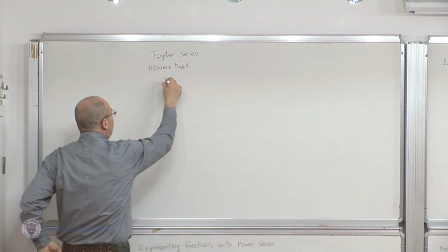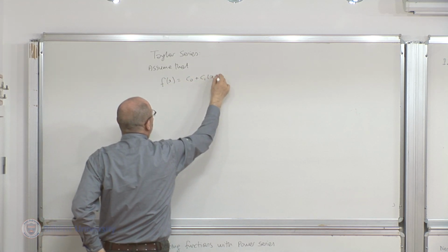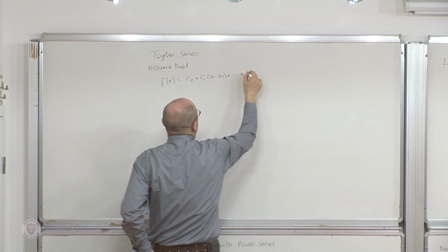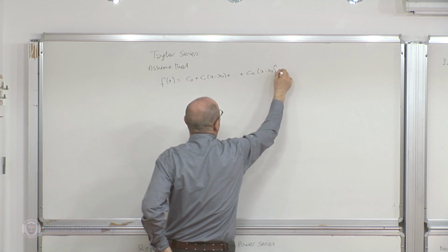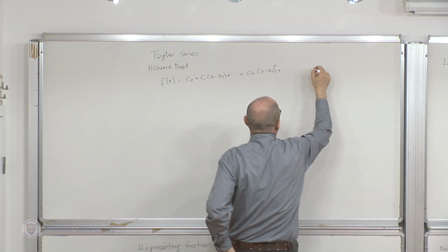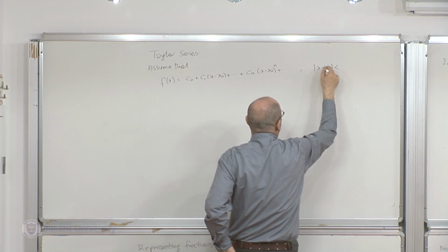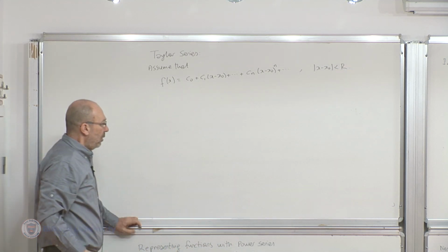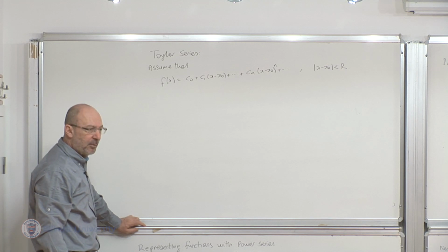So this is c0 plus c1 (x minus x sub 0) plus ... plus cn (x minus x sub 0)^n plus ..., and this is true for all x with |x minus x sub 0| less than some r. So at this point, we don't bother to check what happens at the endpoints.